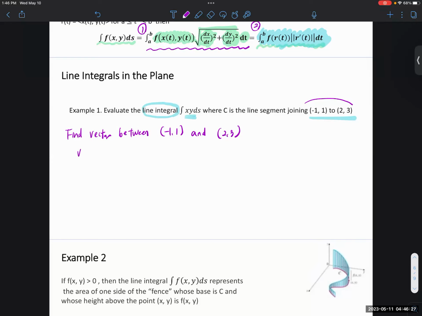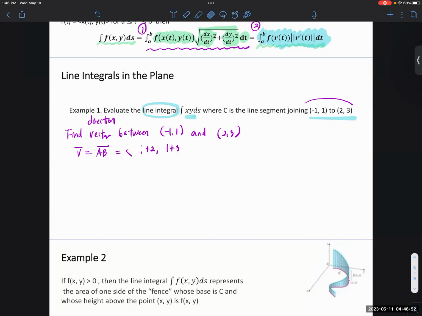So the AB vector is passing through those two points. If you remember, we are simply adding them. Do you remember how to find the vector? This is a direction vector specifically. So we are adding -1 plus 2, 1 plus 3.